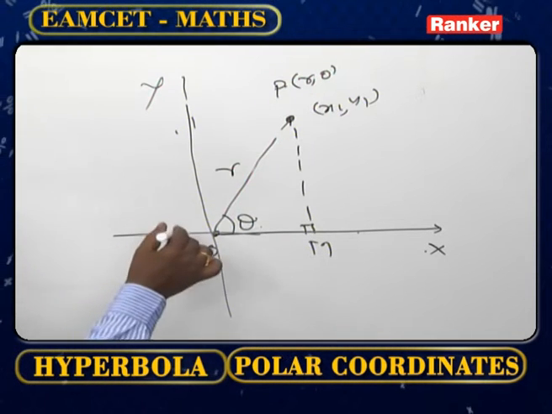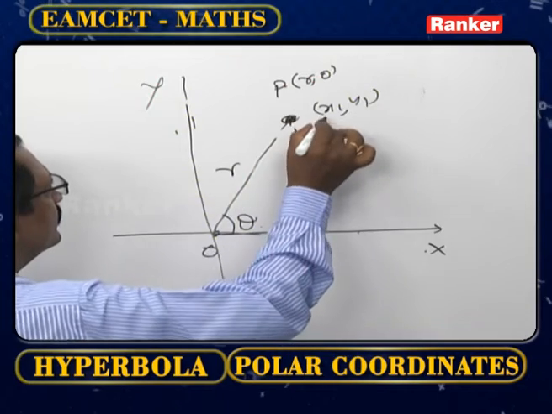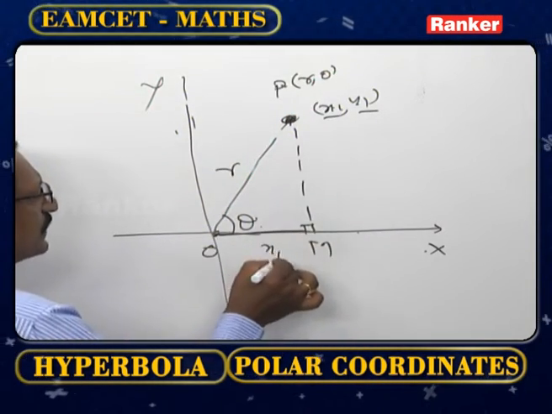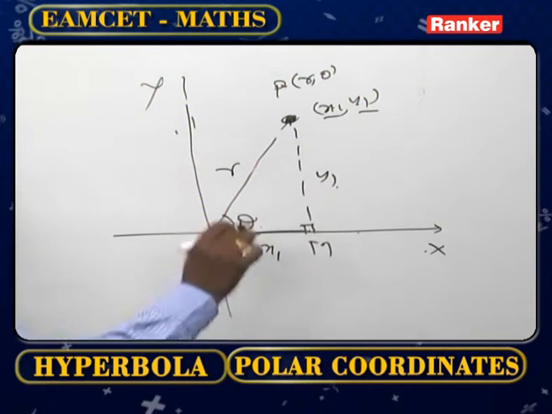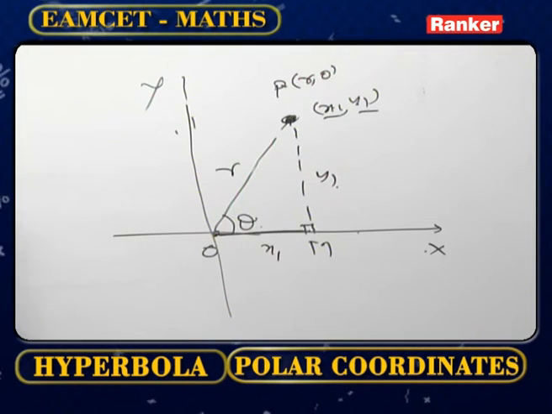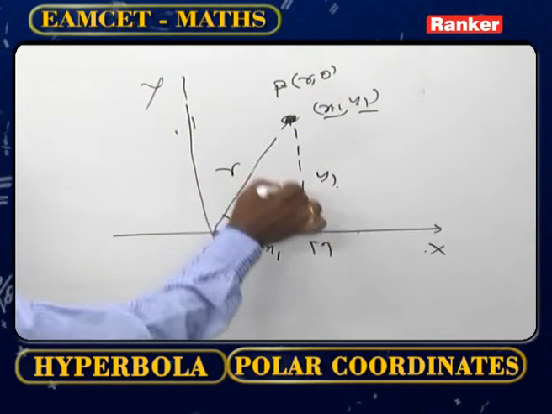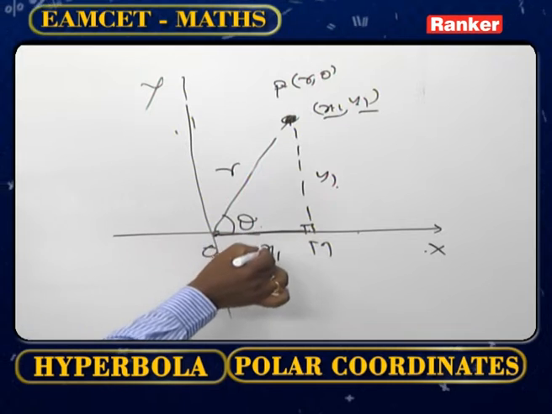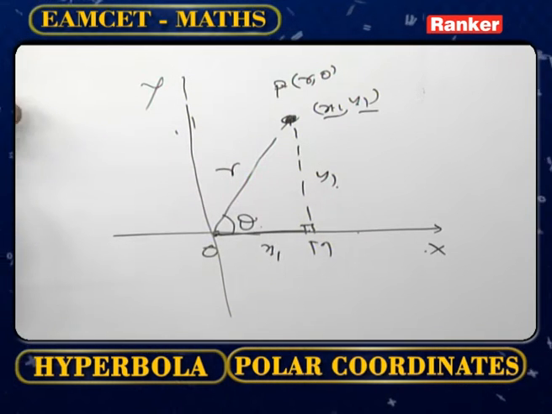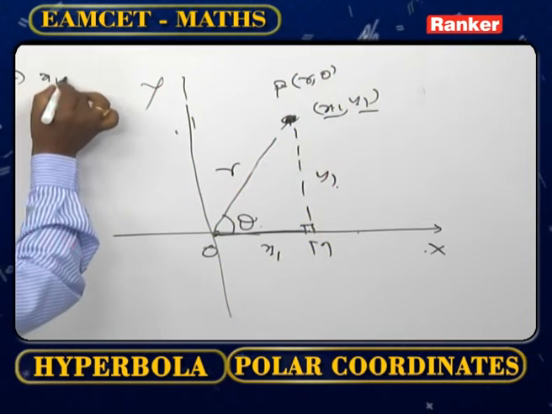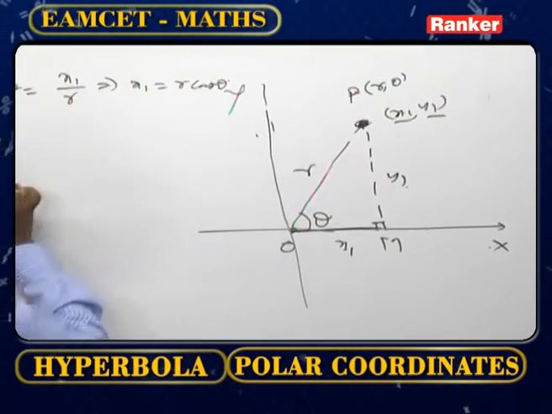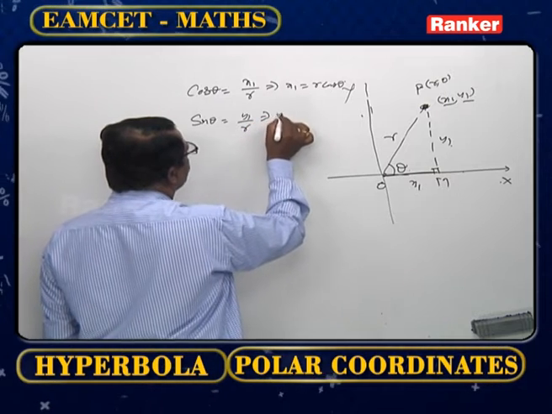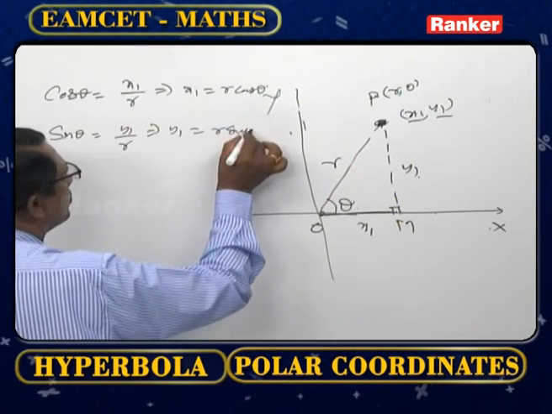Now the Cartesian coordinates of the point P are x1, y1, so OM equals x1 and PM equals y1. In triangle OPM, cos theta equals adjacent side by hypotenuse, x1 by r, which implies x1 equals r cos theta. Similarly, sin theta equals y1 by r, so y1 equals r sin theta.